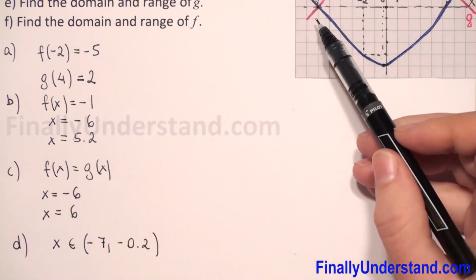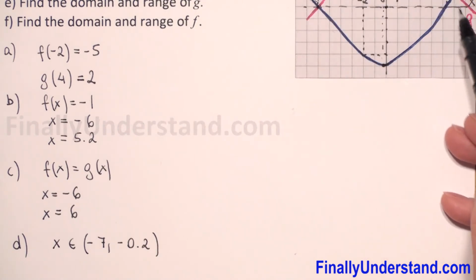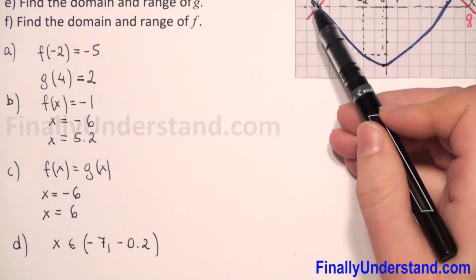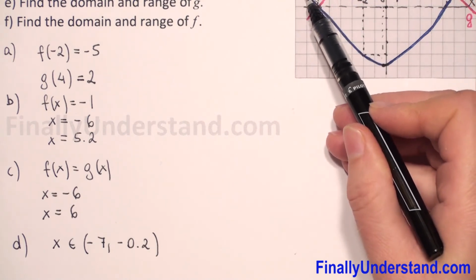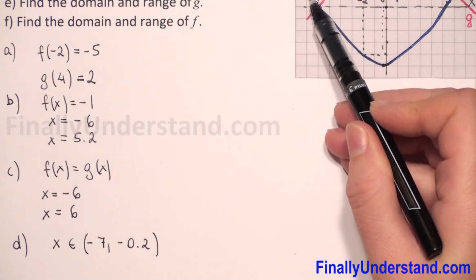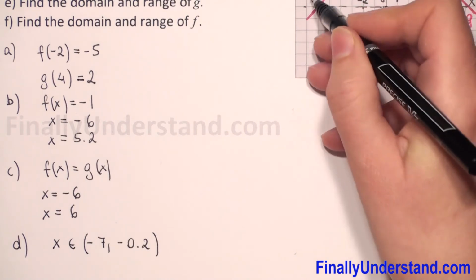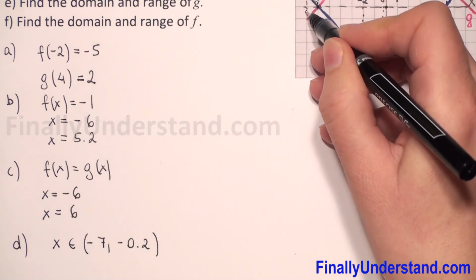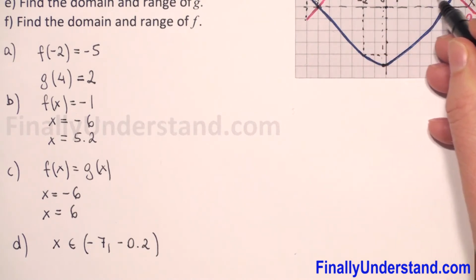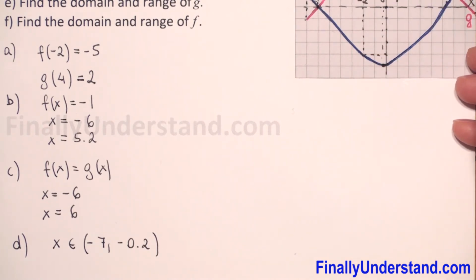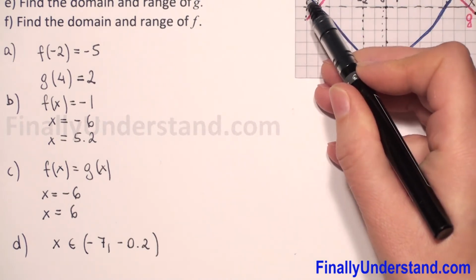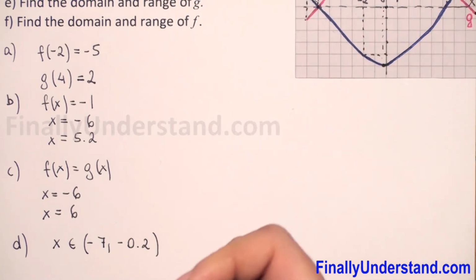Now we have to find the domain and range of the g function. So let's look at our pink graph, because g is pink. The domain means we are just walking on the x-axis. And we see our graph starts from that point and goes to this point. So let's check. It's negative 6, it will be negative 7.